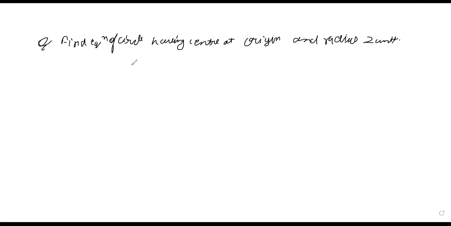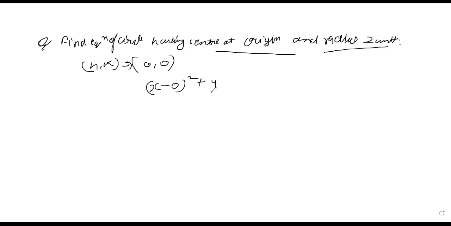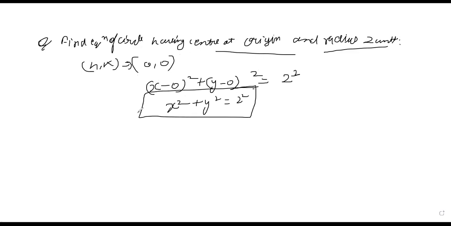The center would be 0 comma 0. So h comma k will become 0 comma 0. The equation will look like x minus 0 whole square plus y minus 0 whole square equals 2 square. So x square plus y square equals 2 square.